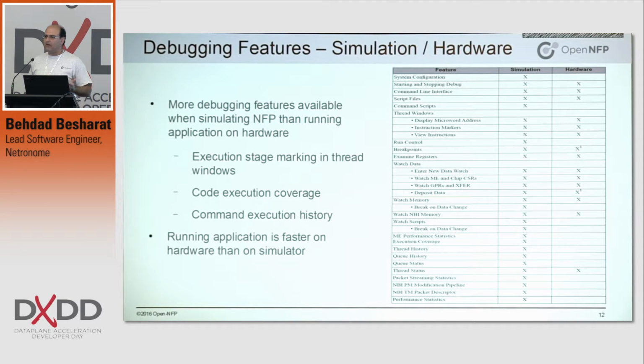You can go back in time and find out, okay, I issued this command, the signal never came back, and I'm stuck. Why does this happen, and when does it happen? This history collection helps you go back in time and find any bug that your application might have. And as I said, the hardware is faster than the simulator.